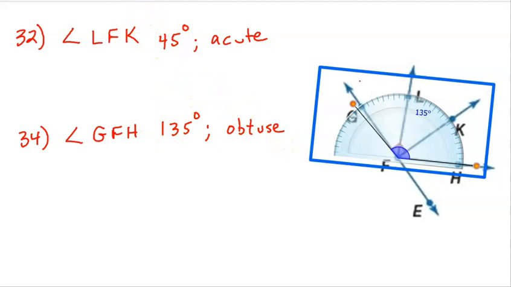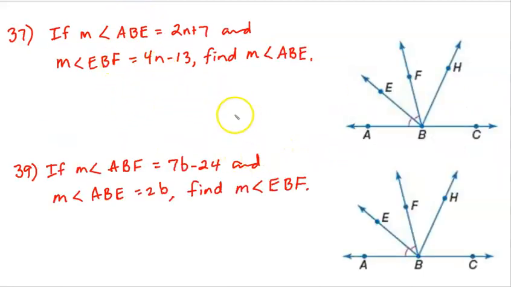All right. The final set of problems, we are on page 42, and that last block of problems is the same figure. I just repeated it multiple times. We're given certain information, like on number 37, we're given the measurement of ABE, and we're also given EBF.